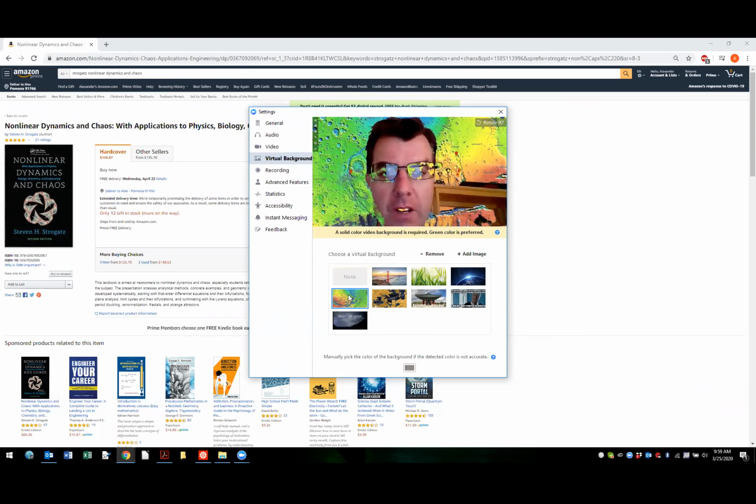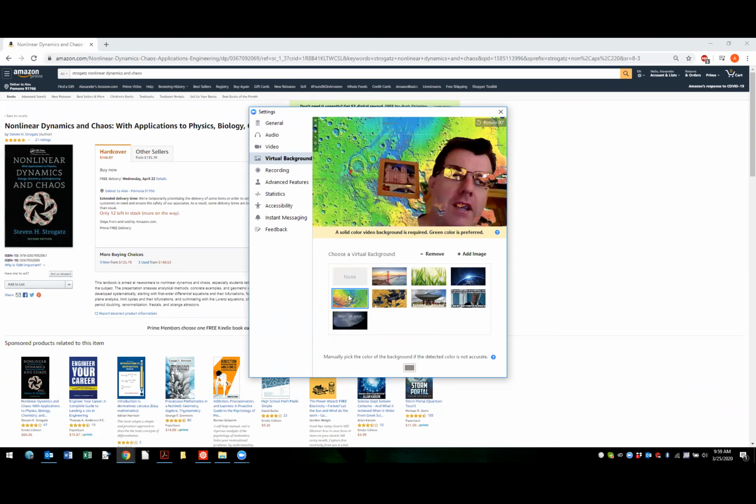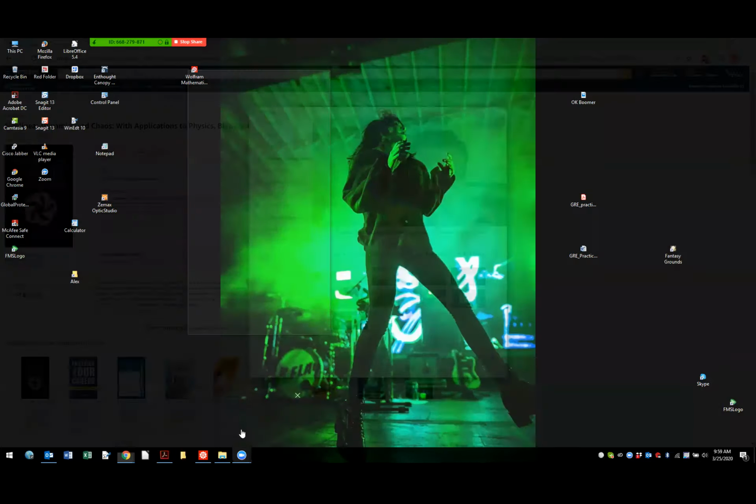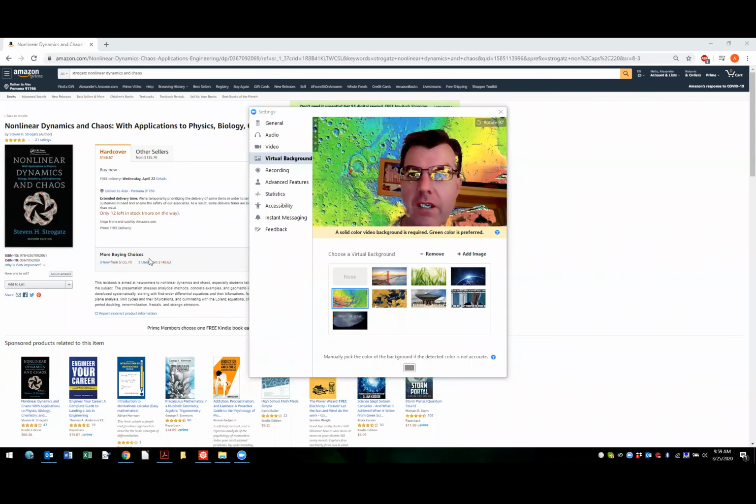But this was great fun on Saturday during my Dungeons and Dragons game. I could put on this background. Any guesses as to what this background is? Anyone? No guesses? This background is actually a map of Mars.